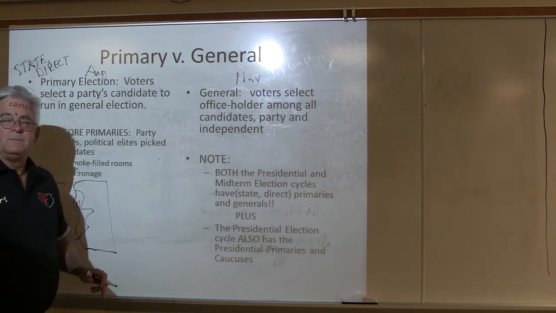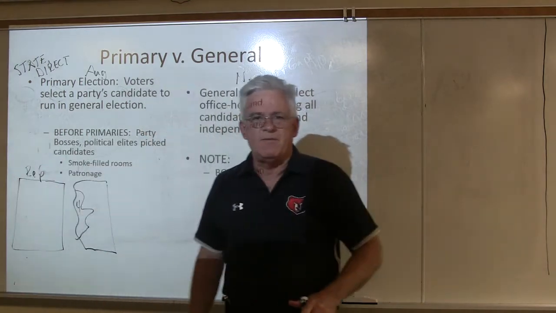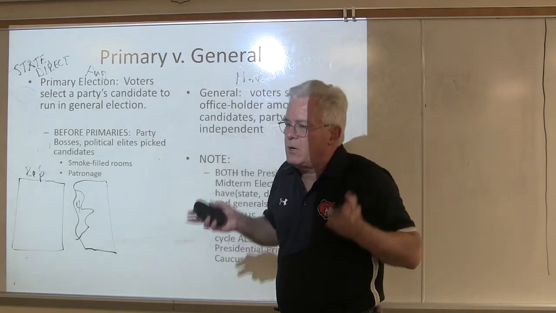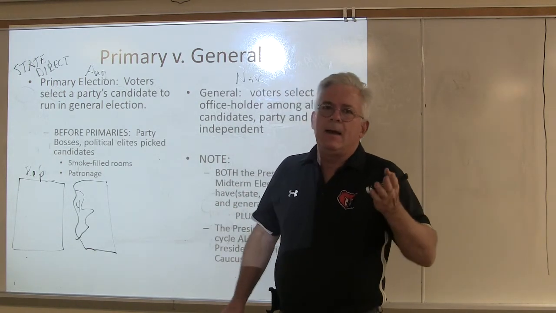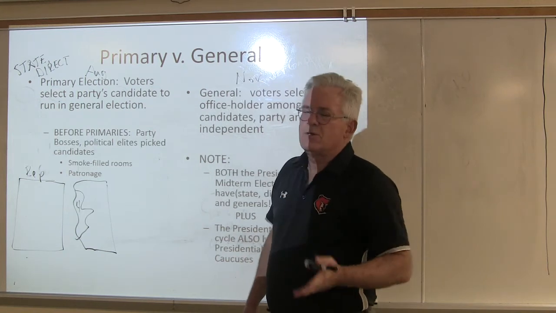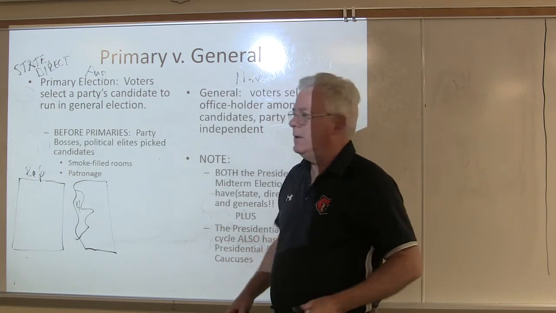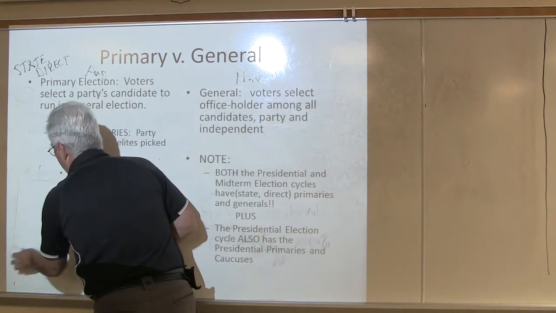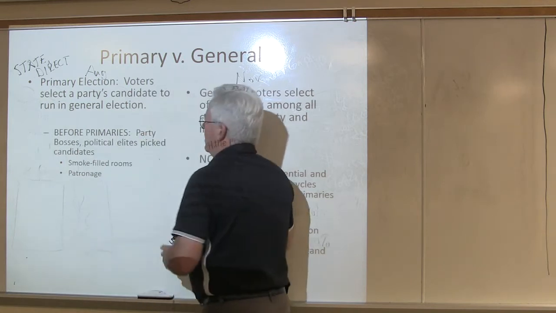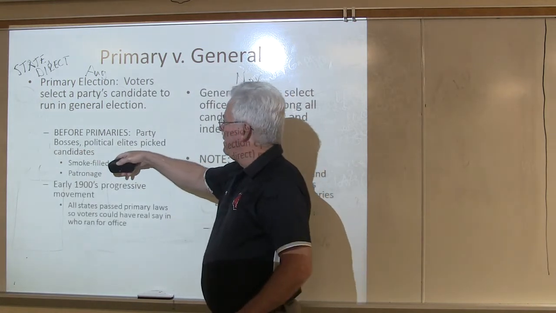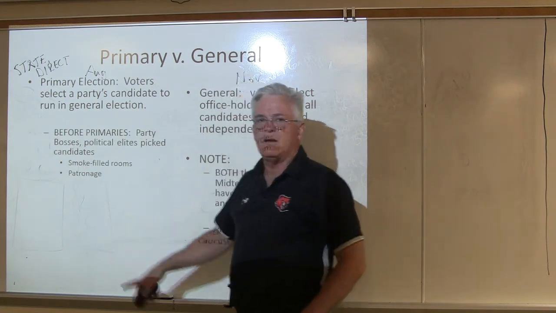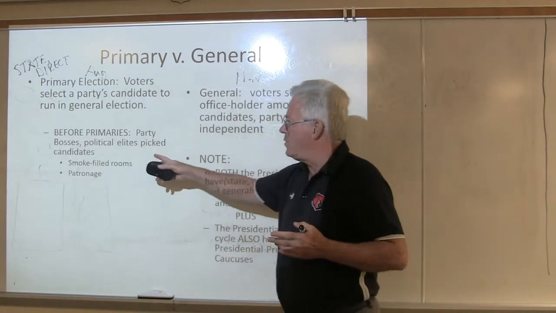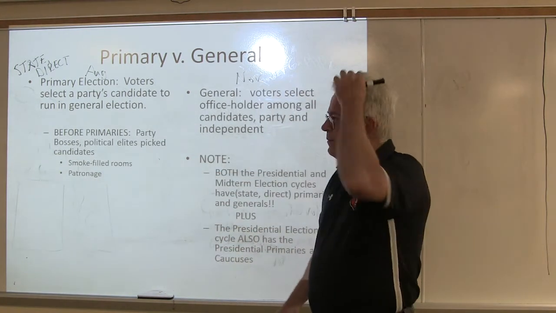Congressional District 4 is heavily Republican. 70% of the voters are Republican. Guess who always wins the general election in Arizona for Congressional District 4? The Republican. So, in places that were heavily controlled by one party or another, this decision by party bosses and political elites as to who their candidate was was the real decision, right? Because the person they picked automatically won in the November election.